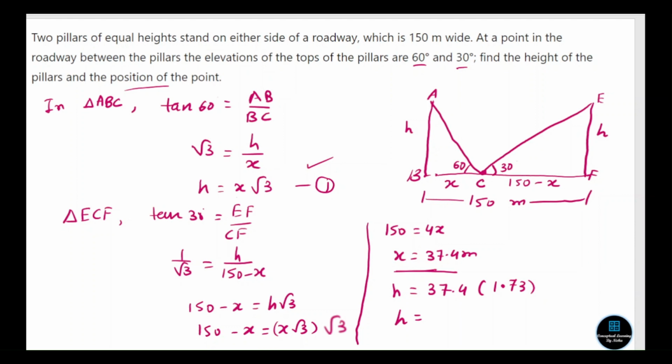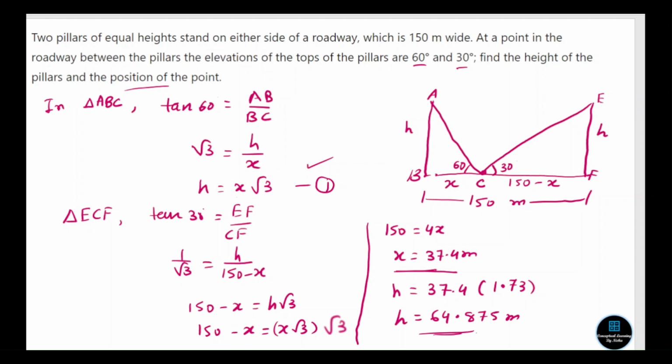You can keep this as 37.5 square root of 3 also if root 3 is not given, and if it is given you have to substitute the value and find the final answer. So what do we get? Approximately 64.875 meter.